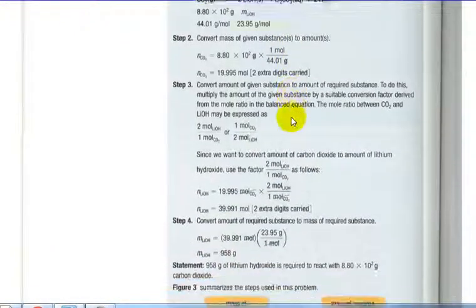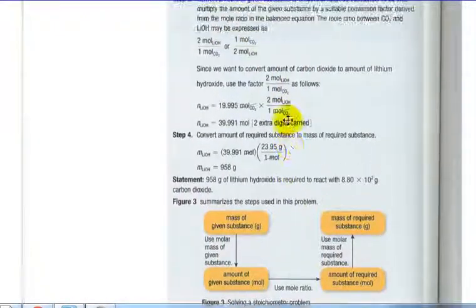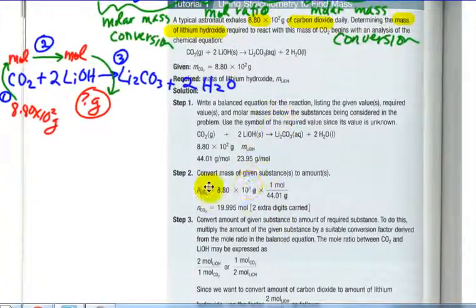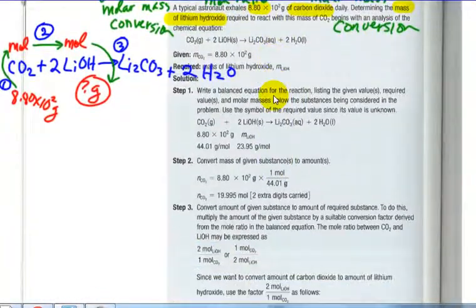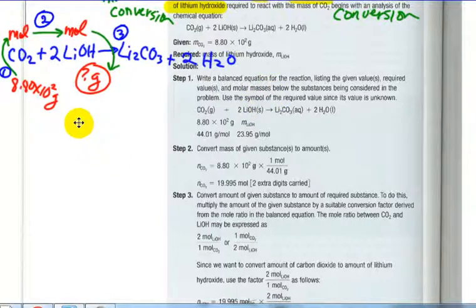In this example, they go through a long process, identifying every single step. I would like to treat it in just one big step, as you see up here. Before we get that, working with this equation, a good idea is to write what you're given in the question. If it's grams, write it underneath the compounds in the equation.